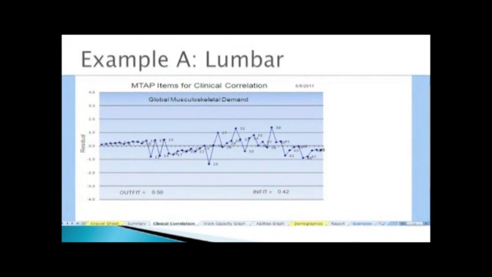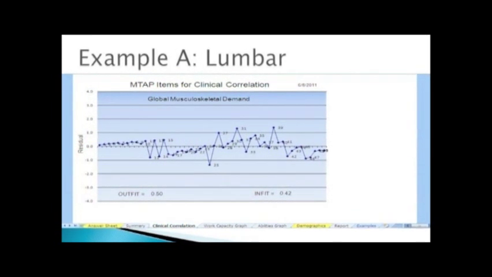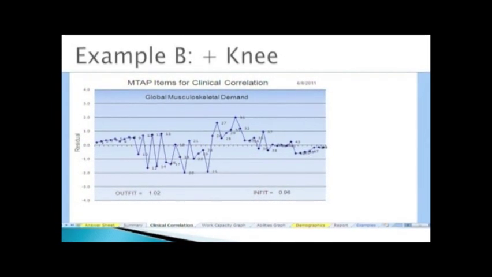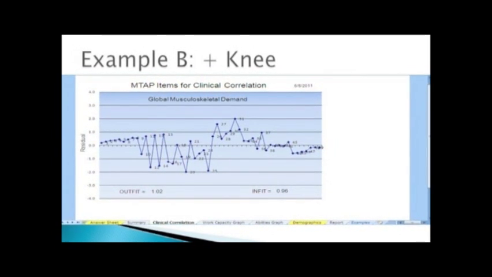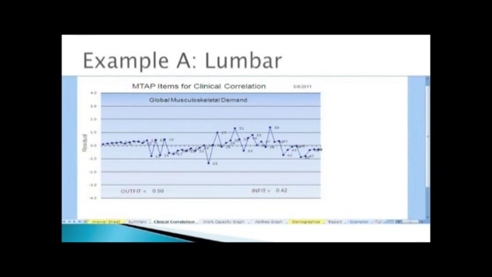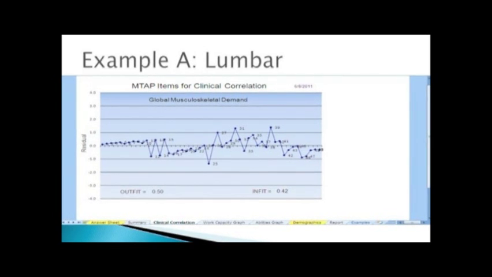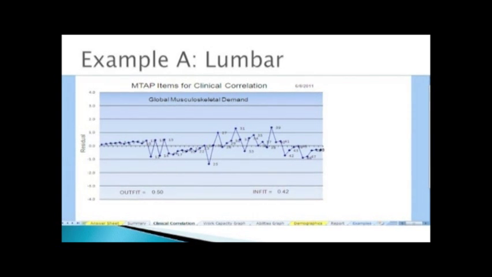What's happening here? Well, remember that we're dealing with residual from expected. These data demonstrate that in the real world, as impairments become more complex, the variability of the functional limitations naturally increases. And this points to the need for clinical correlation.